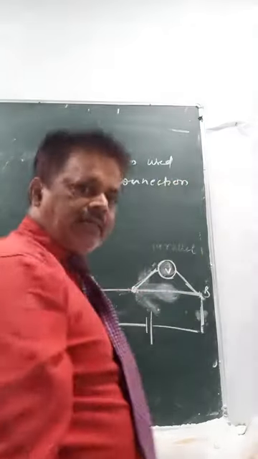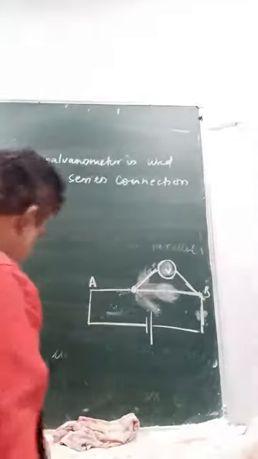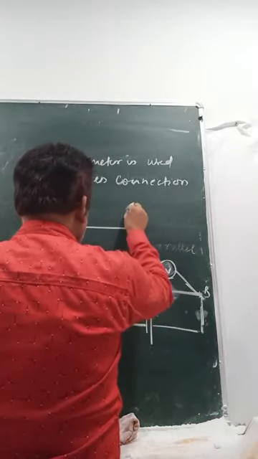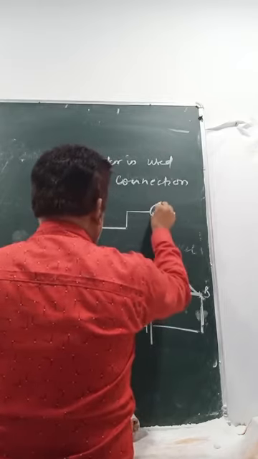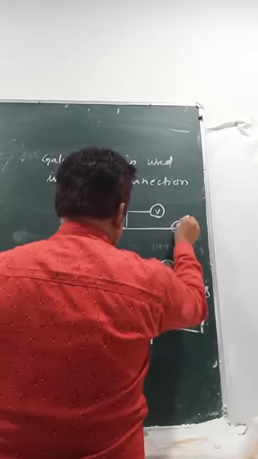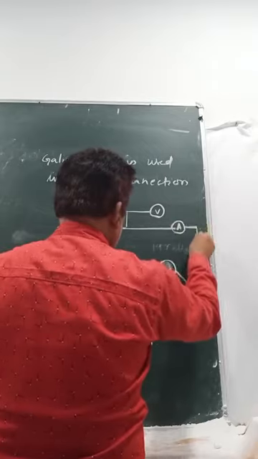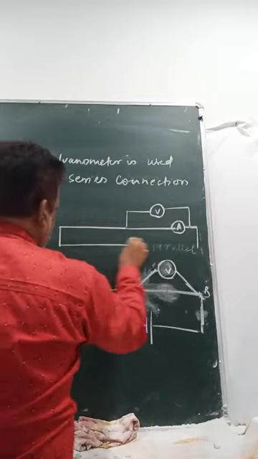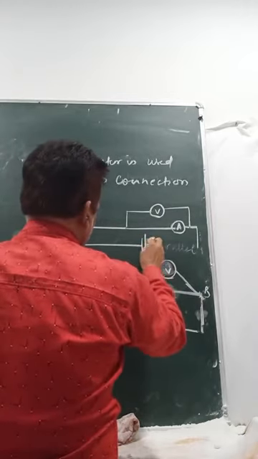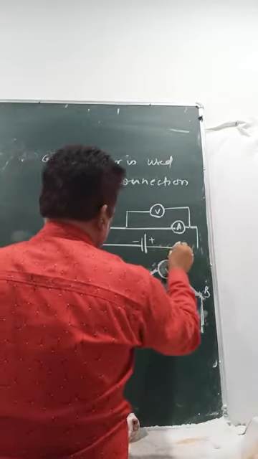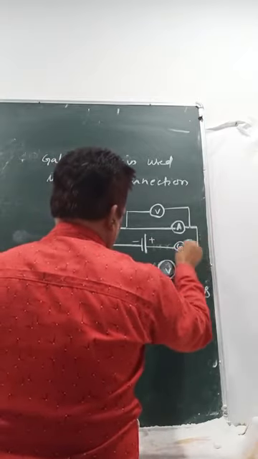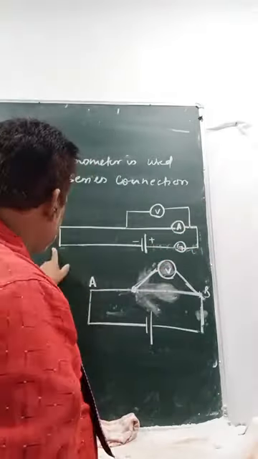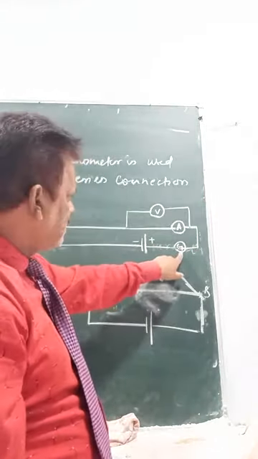It just has to detect the current. Look here, I draw a diagram. Look at this circuit. One piece of wire is coming straight. So the galvanometer is in series.